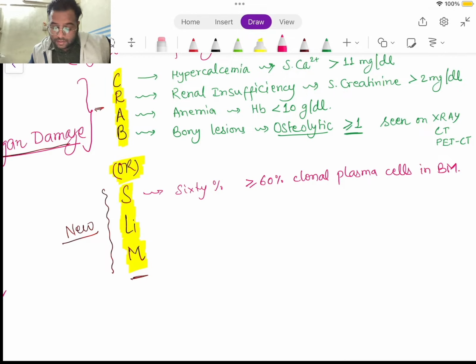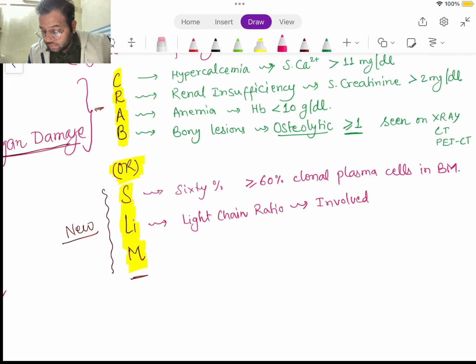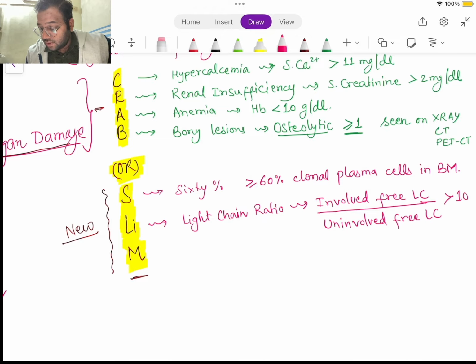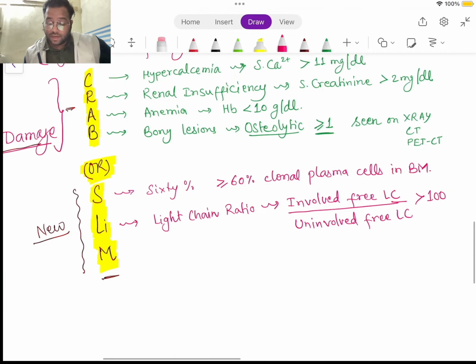Then we have Li. Li is for light chain ratio. Which ratio? Involved free light chain to uninvolved free light chain ratio should be more than 100.